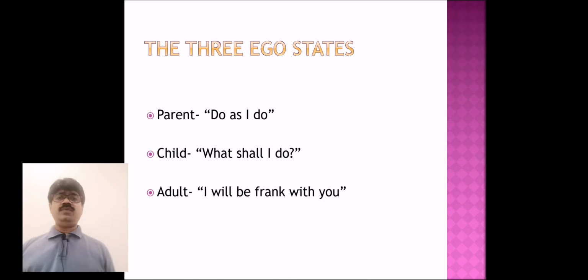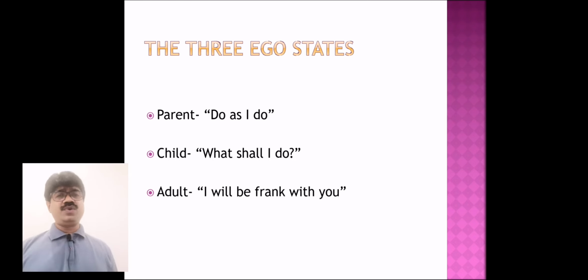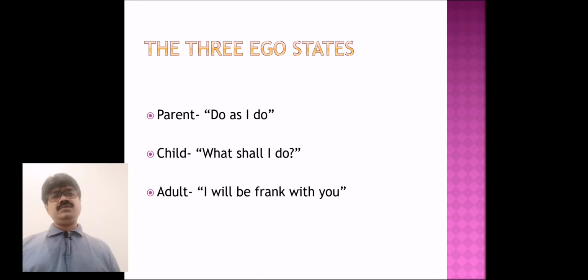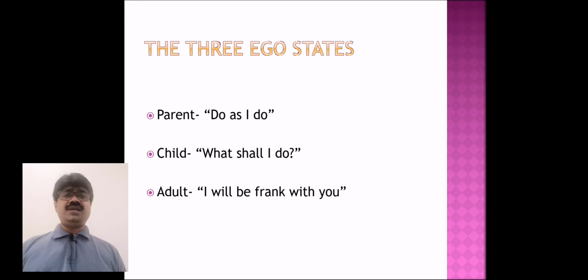Now, what does each state sound like? From the way some people talk, you can understand what ego state they are in. If somebody is always saying, do as I do, no questions, just do as I do, he is in a parent ego. There are people who always say, sir, what shall I do?